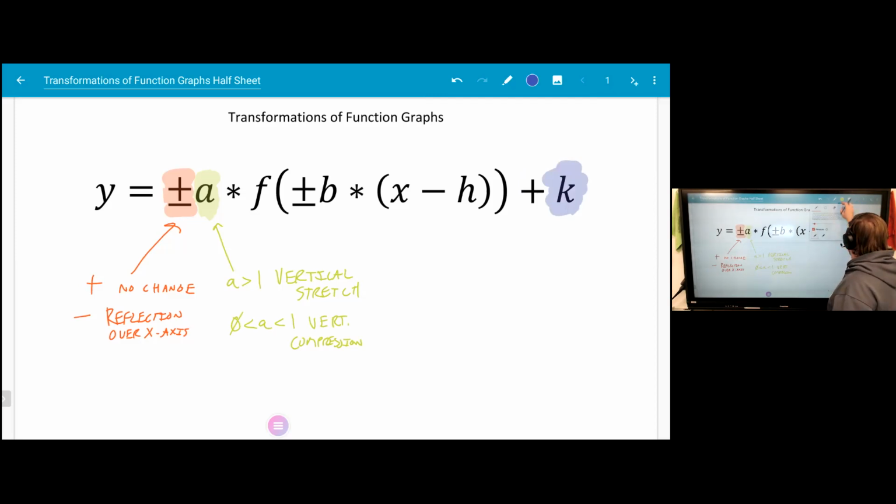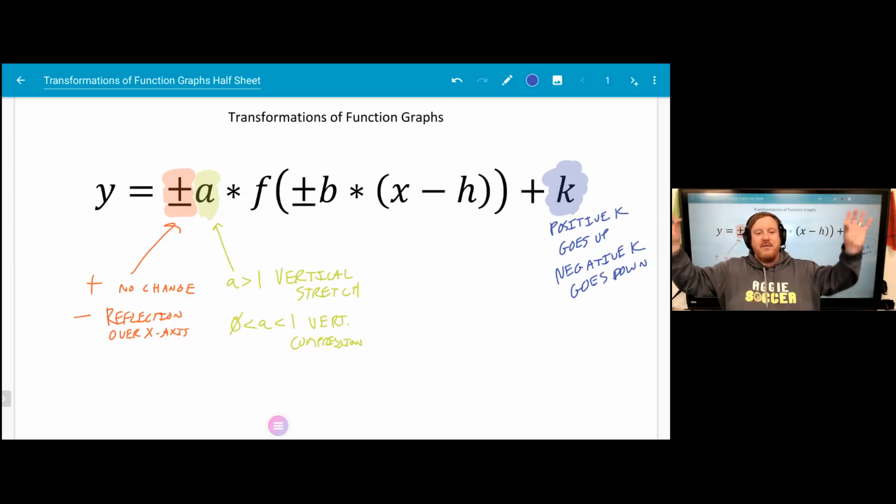If K is greater than 0, or K is positive, positive K means it translates up. Goes up. Negative K goes down. Okay. We've taken care of all the vertical things.